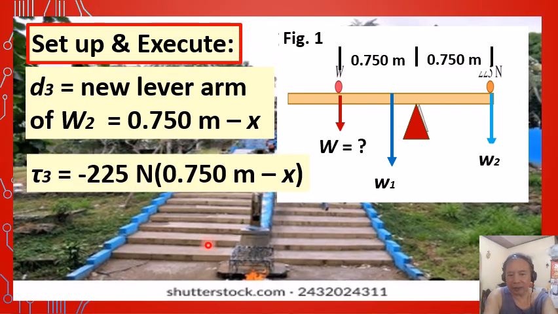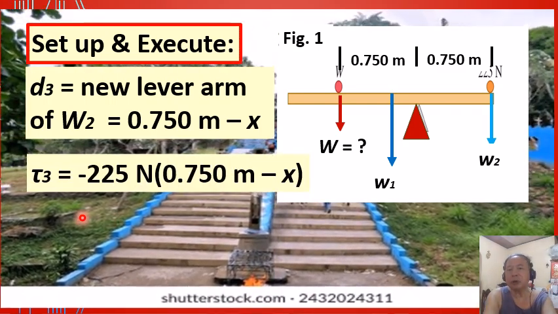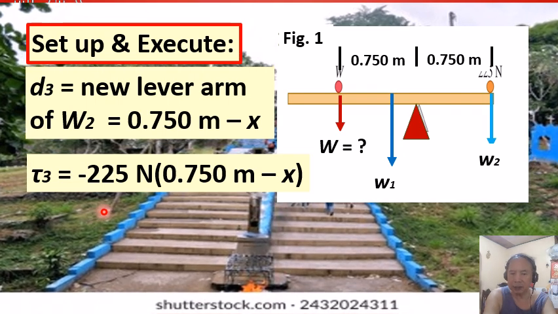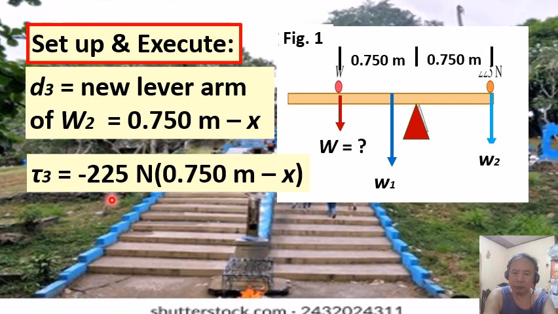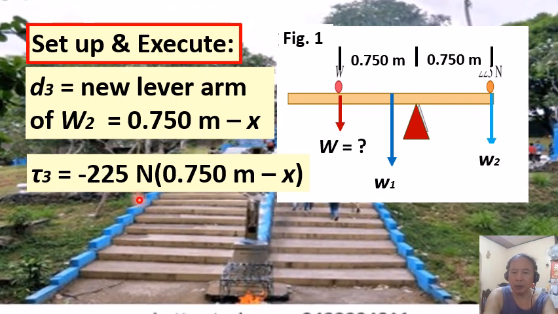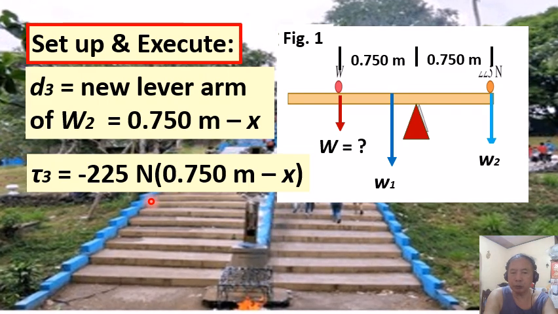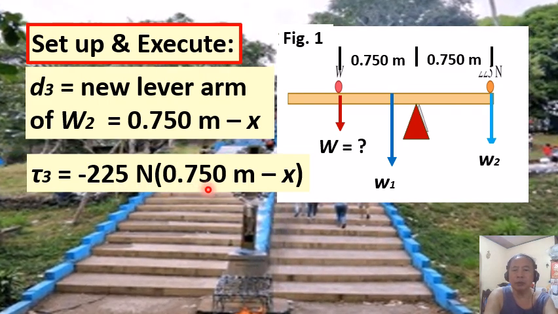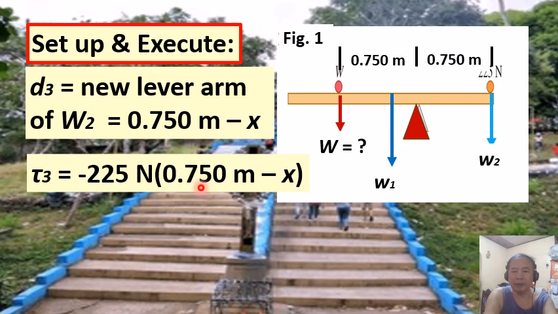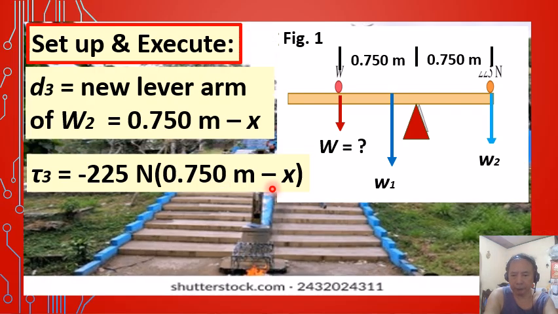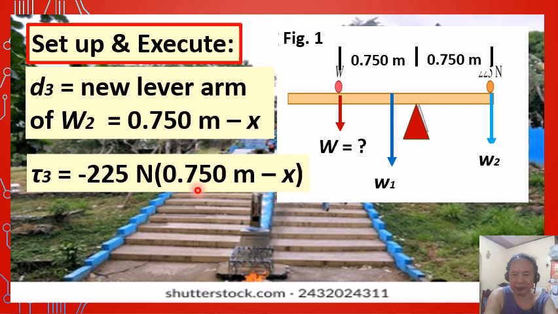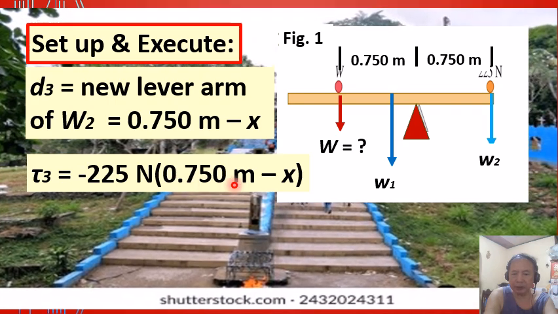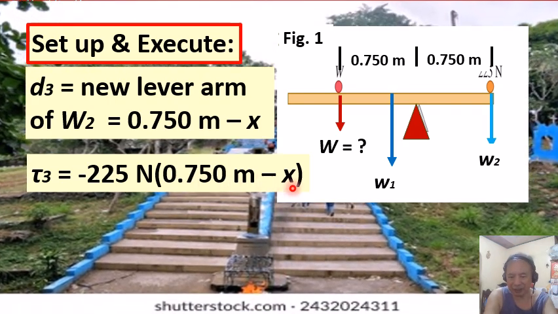It follows that its corresponding torque number 3 is just equal to the product of the value of W sub 2, 225 newtons, and the new lever arm or moment arm of torque number 3, equal to 0.750 meters minus x.